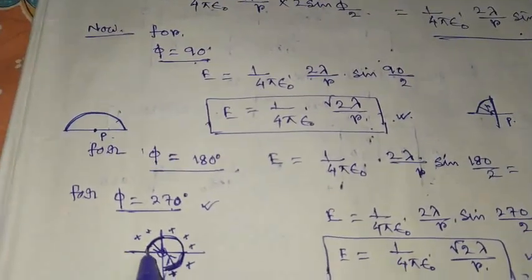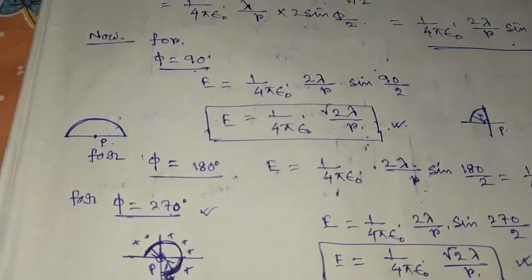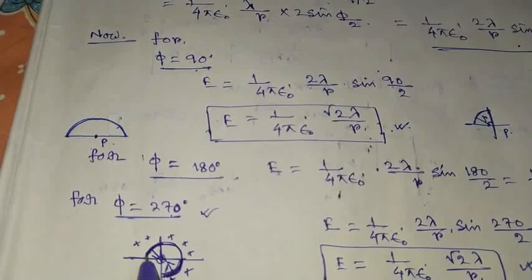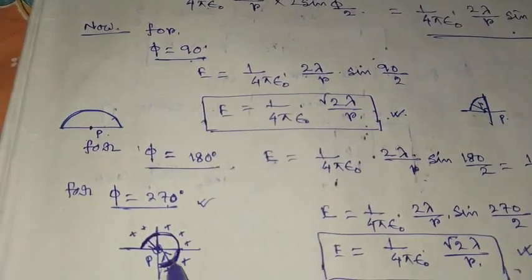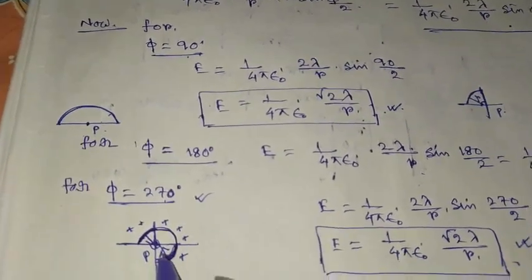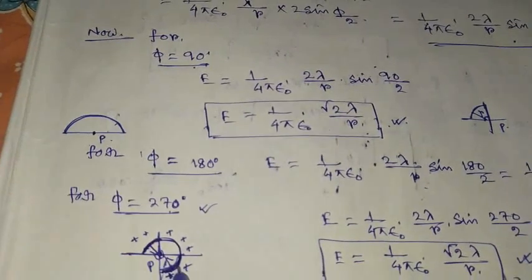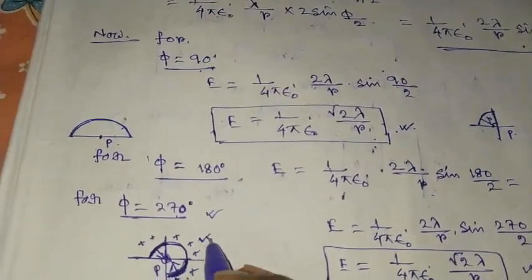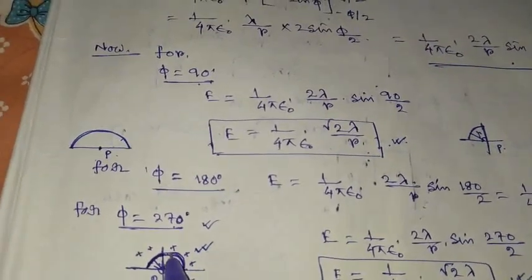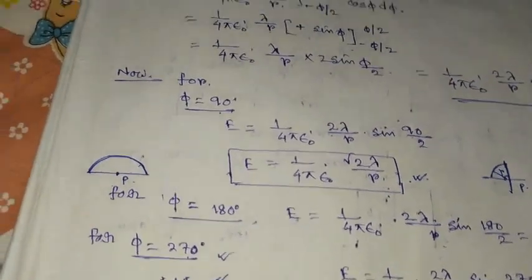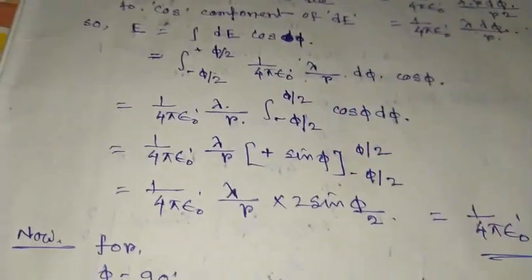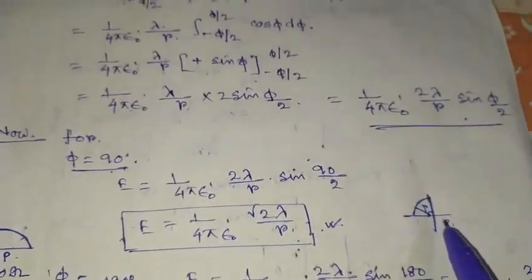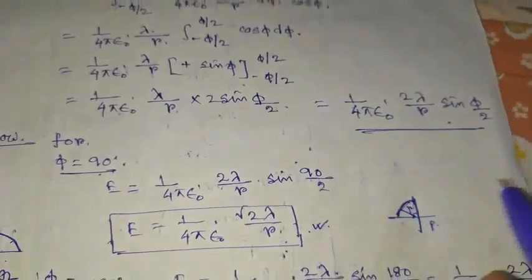So the electric field due to this line segment and the electric field due to this line segment are equal and in opposite direction. So these cancel each other and you remain with only one line segment making an angle 90 degree, and you have already found the relation for phi equals to 90 degree, that is of 1/4 circle.